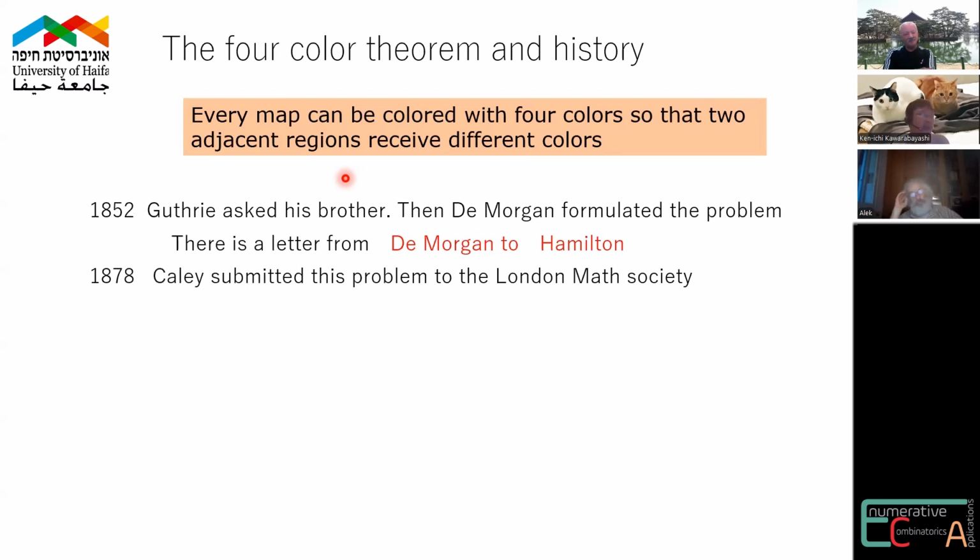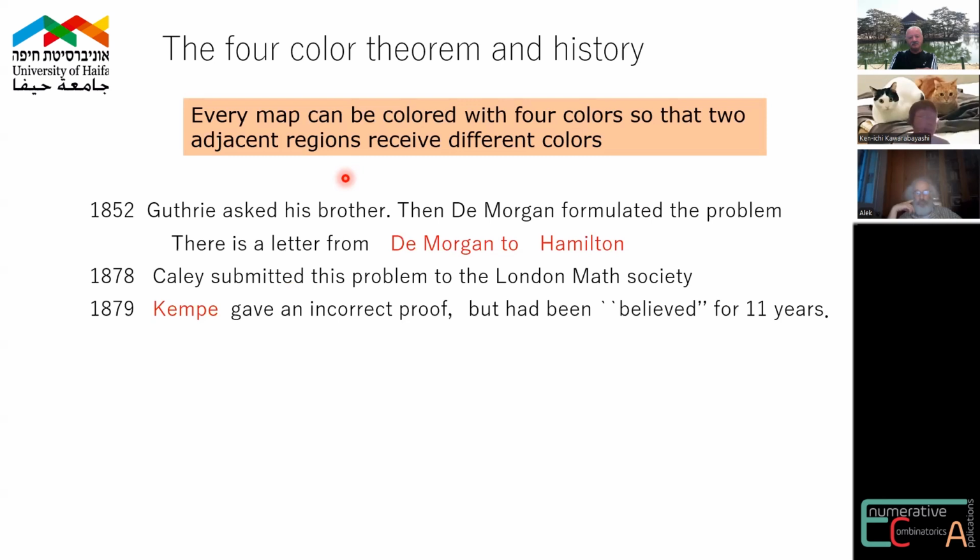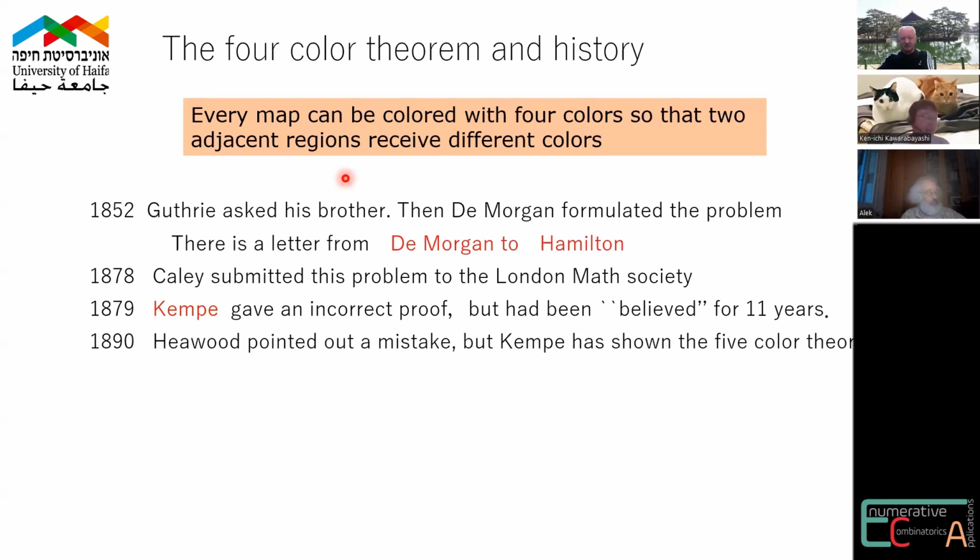The problem became more visible in 1878 through Cayley, who submitted the problem to the London Mathematical Society. Then Kempe claimed that he had a proof. In fact, for 10 years it was regarded as the four color theorem, but it turns out that Heawood pointed out an error, and what Kempe really proved is actually the five color theorem.